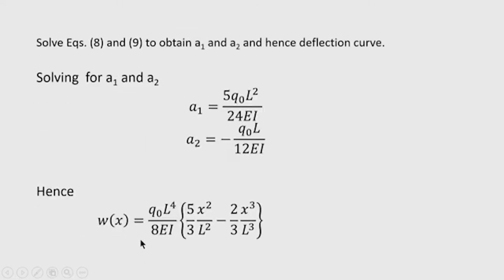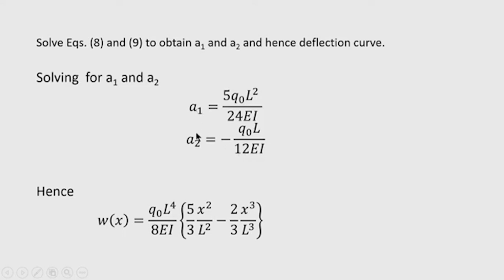After solving, we get A1 equal to 5 Q naught L square divided by 24 E I and A2 equal to minus Q naught L divided by 12 E I.